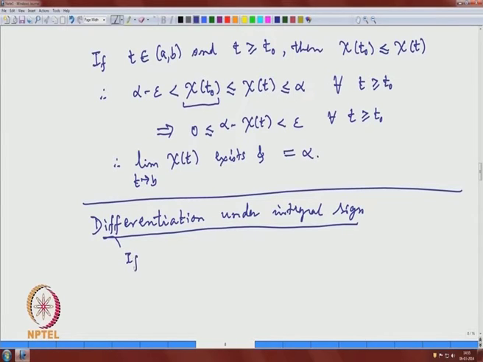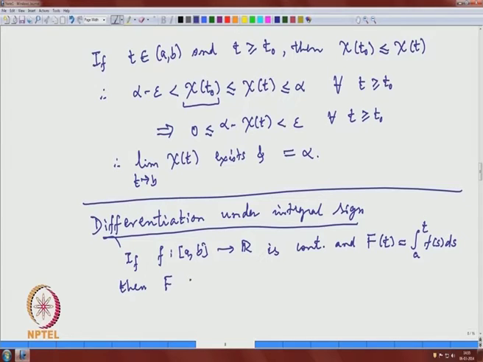So, if f from a b to R is continuous, and if we define F of t, the indefinite integral from a to t of f s ds, then F is differentiable and F prime t is equal to f t.